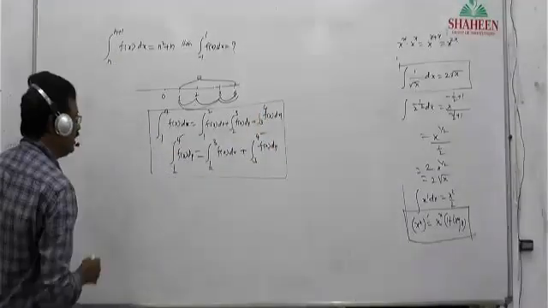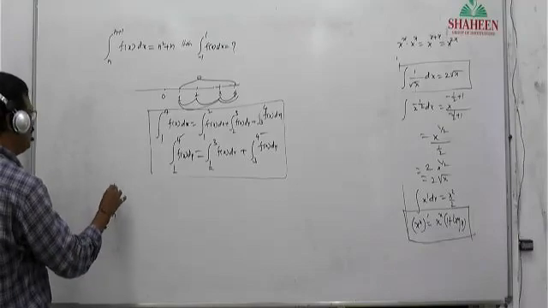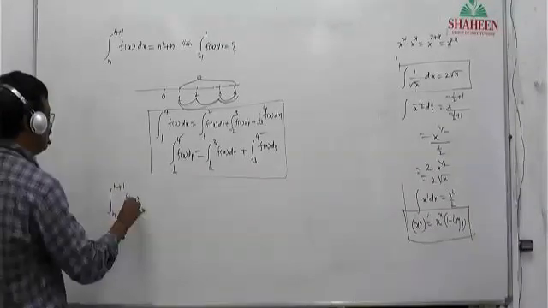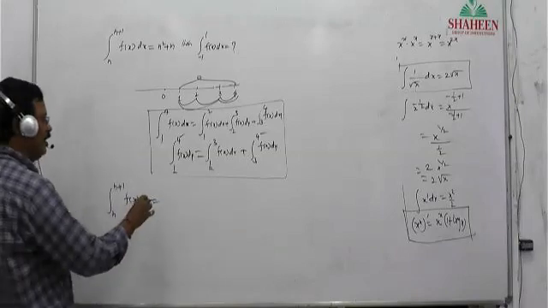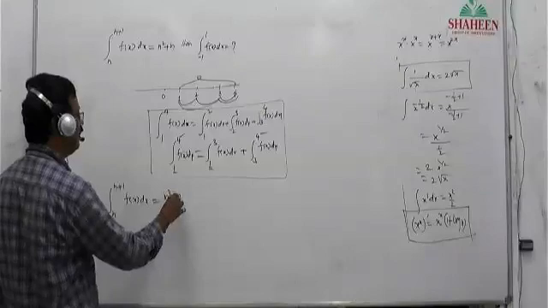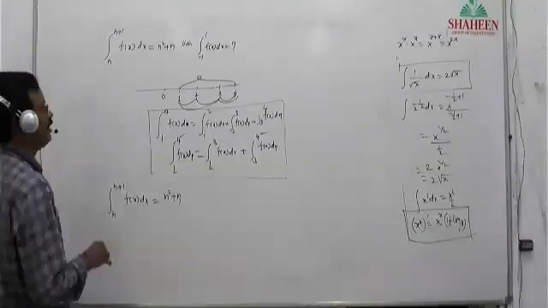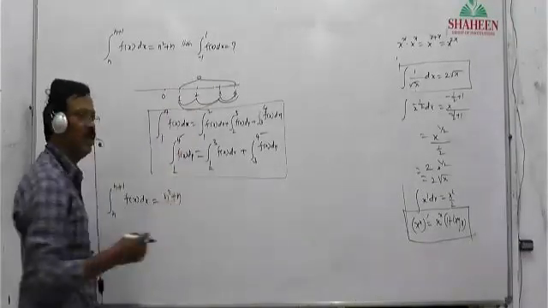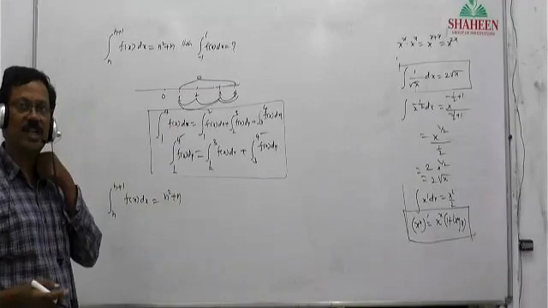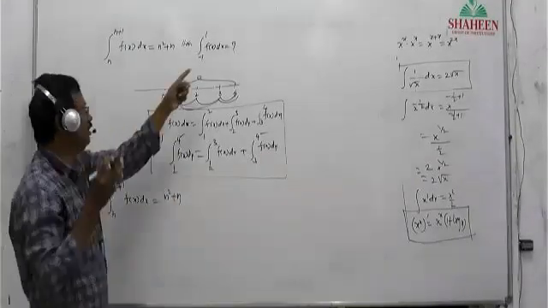Now, let us see this integral, n to n plus 1 of f x dx. Okay, what they have given here is n square plus n. Now put n equal to minus 1, because the integral starts from minus 1.